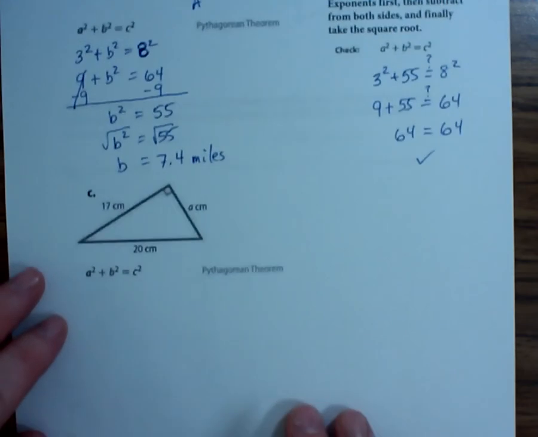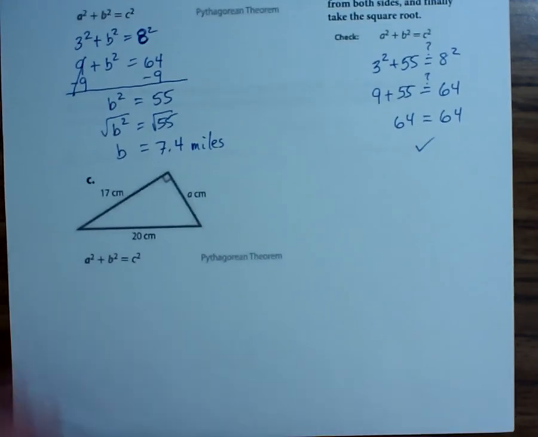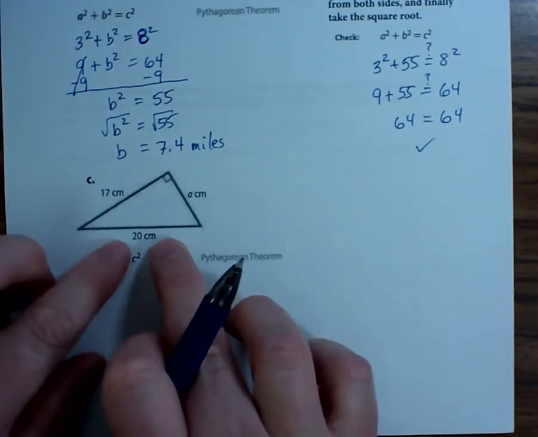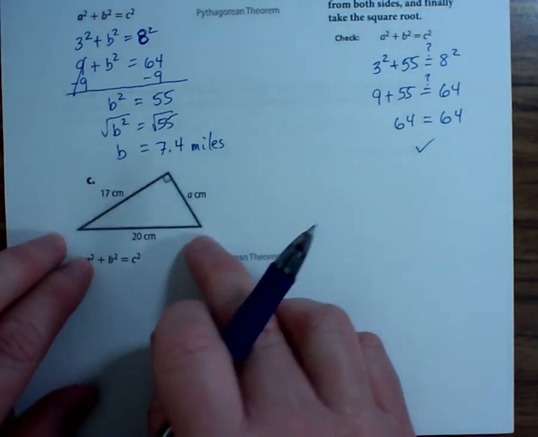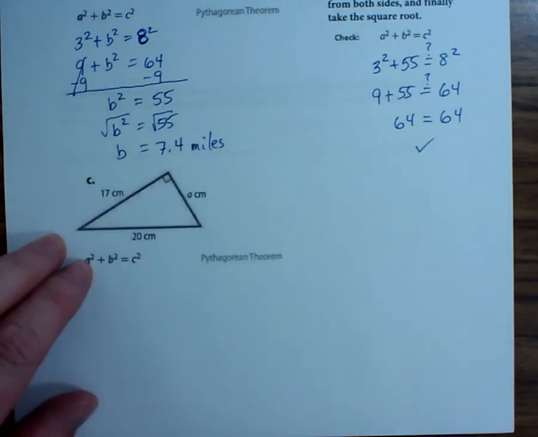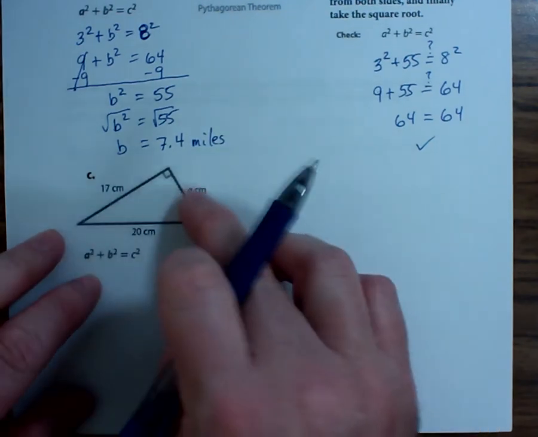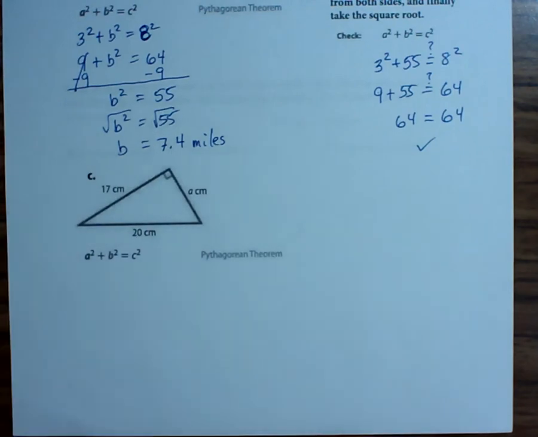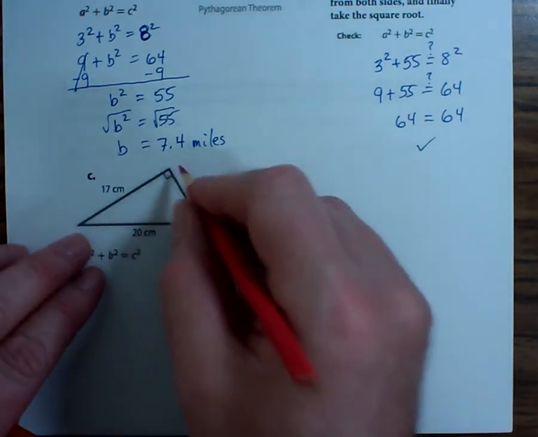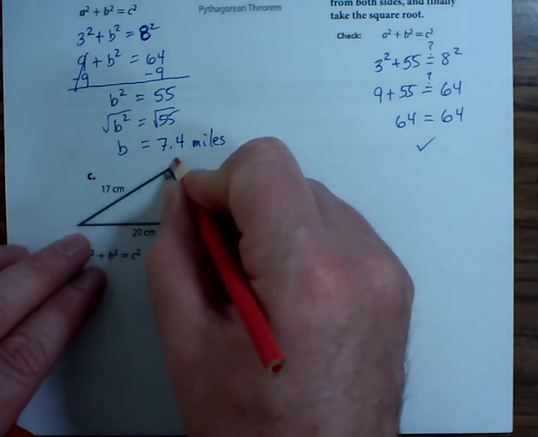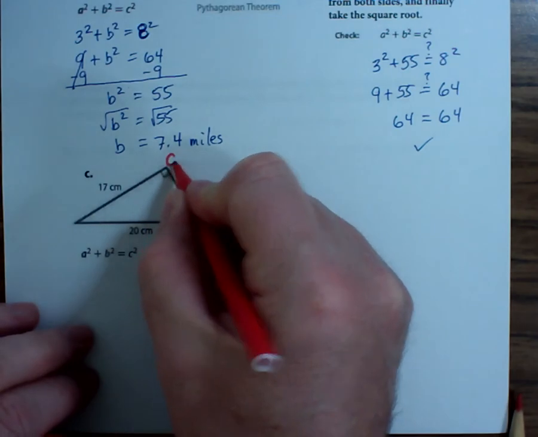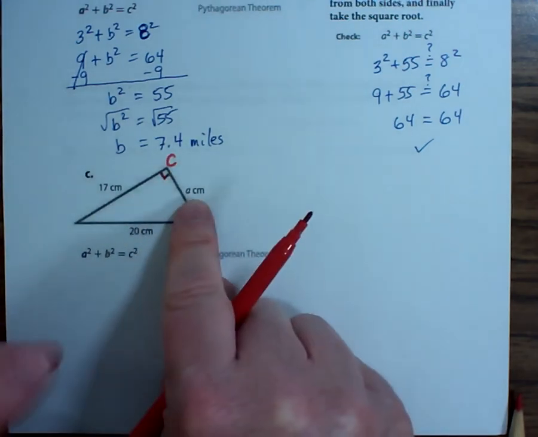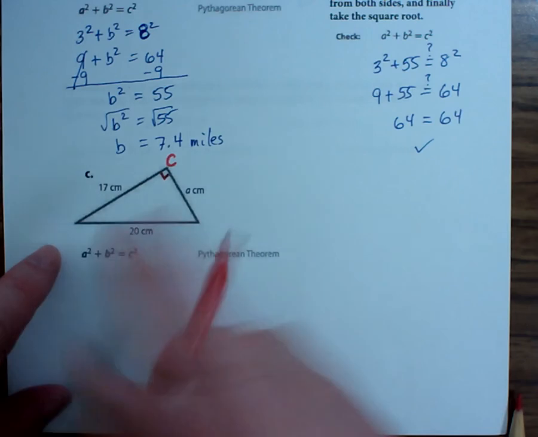And then we have our last problem here. So if this is 20 and that's 17, this side is obviously shorter, the shortest leg. What's a good guesstimation of what you think A is going to be right here? Type it in the chat as I label this triangle with the proper letters, capital C. What do you think a good guesstimation of A would be?